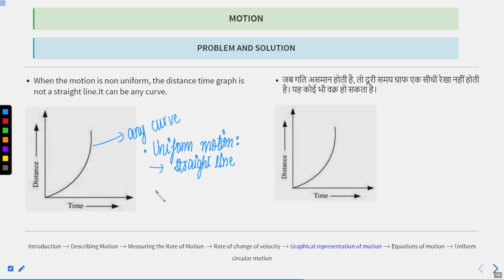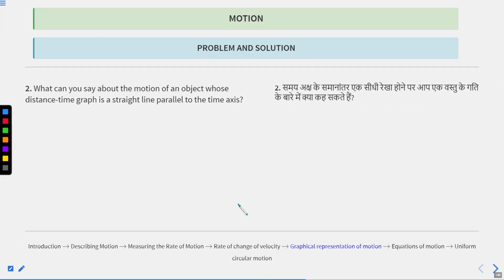For non-uniform motion, we get any curve. Clear class? This is the solution of question number one. Now let's move on to the next question.